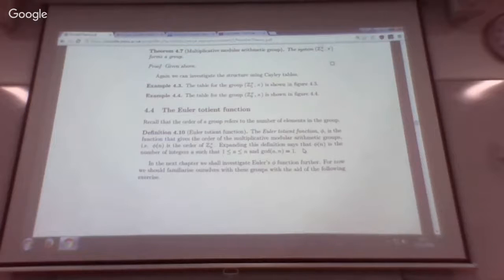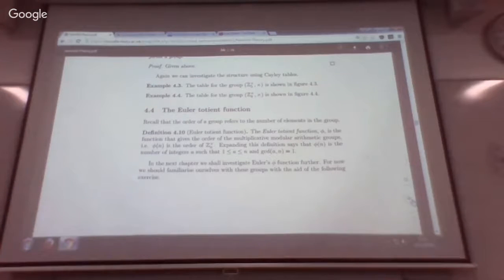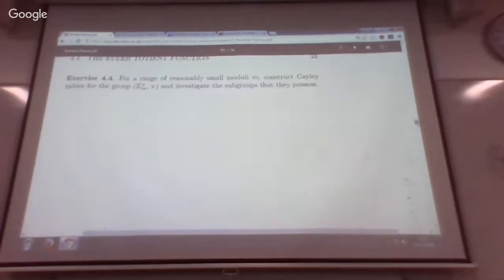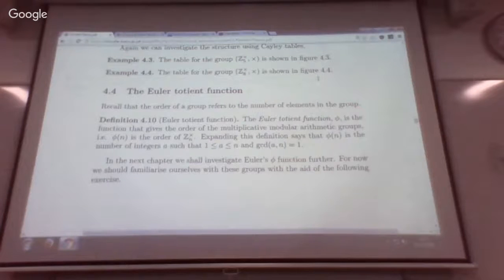Okay, we're introducing this new object called the Euler totient function. It's traditionally written using the Greek letter phi. Indeed, it's sometimes called the Euler phi function, because phi is almost universally used as the letter to denote the function. So phi of n, one quite simple way of writing what it is: phi of n is the size of the reduced residue system modulo n.